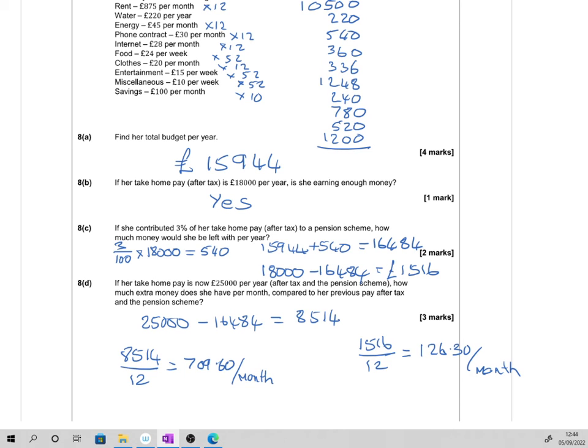So how much extra is the difference between these two? So 709.60 minus 126.30 is an extra £583.30.